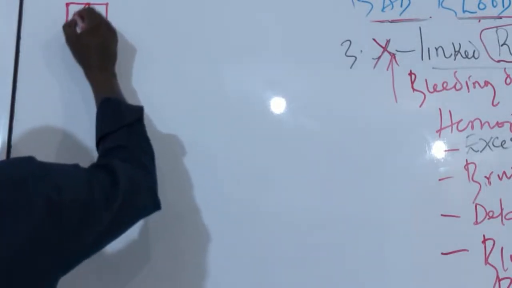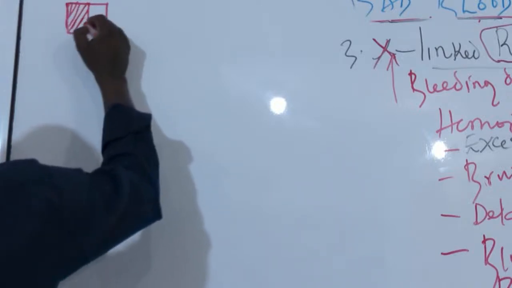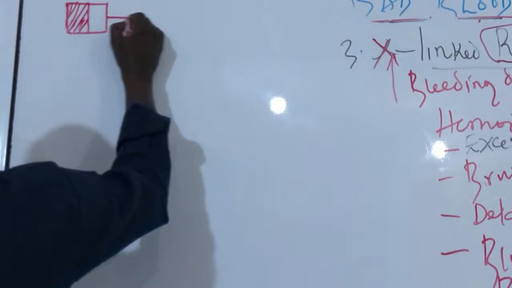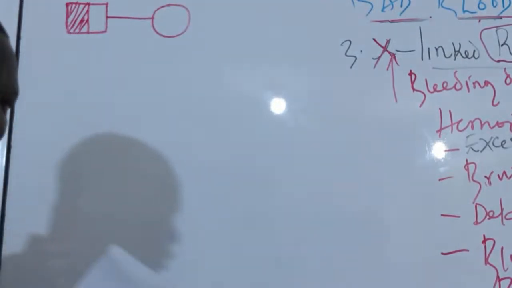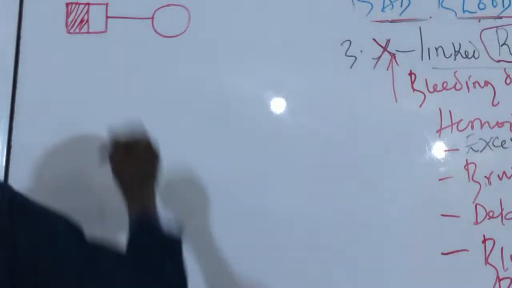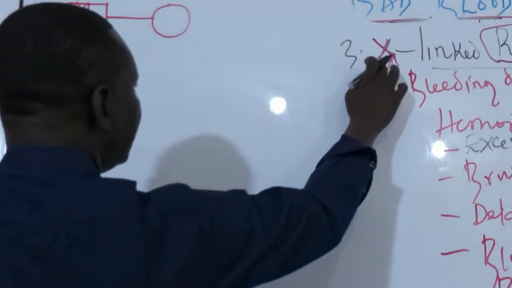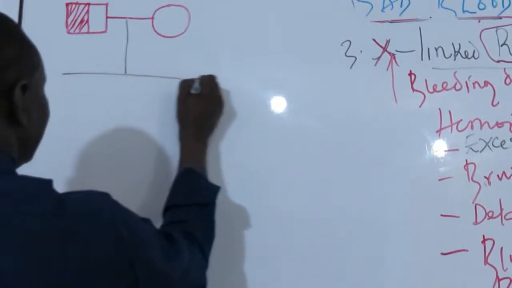So let's see, it is recessive, that means the father is marrying somebody who is not infected at all. It's not infected, it's not even a carrier. So the probability that they will pass it on, now it is going to be X-linked. So that means the sex matters this time around.